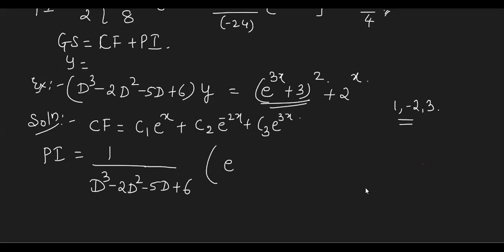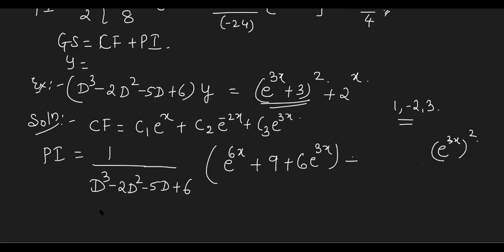A square: when you square e raised to 3x the whole square, what will you get? e raised to 6x. Very good, 3 twos are 6x. A square plus b square plus 2ab, right? 6 into e raised to 3x.